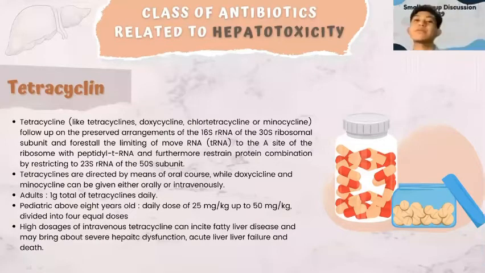Okay, hello, this is Bernardo Tomorrow, student ID 200251178. So I will explain about the class of antibiotics related to hepatotoxicity, the tetracycline part. Okay, so basically, tetracyclines are a class of broad-spectrum antibiotics utilized in the treatment of an assortment of infectious diseases. This antibiotic group acts as a protein synthesis inhibitor.